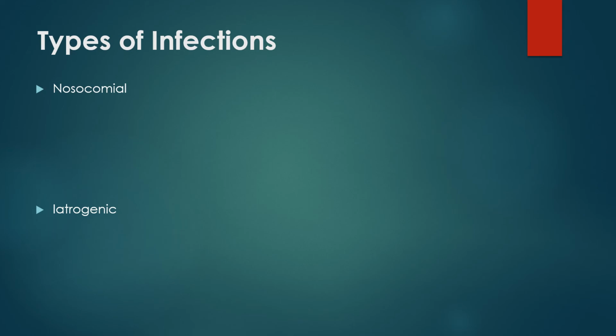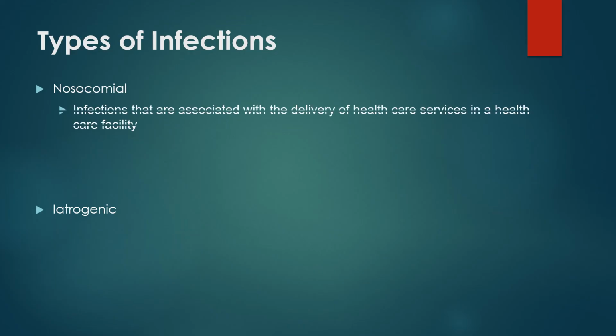Two of those are nosocomial or iatrogenic. With nosocomial infections, a client acquires an infection as a result of their hospitalization. So while they're in the healthcare setting, they get an infection that is associated with the delivery of the healthcare service.